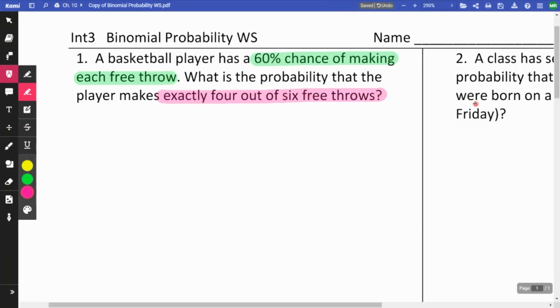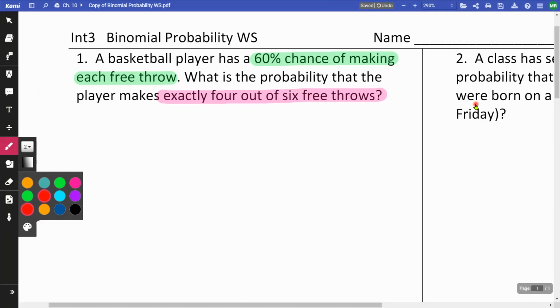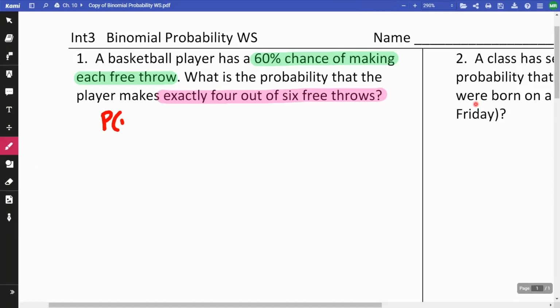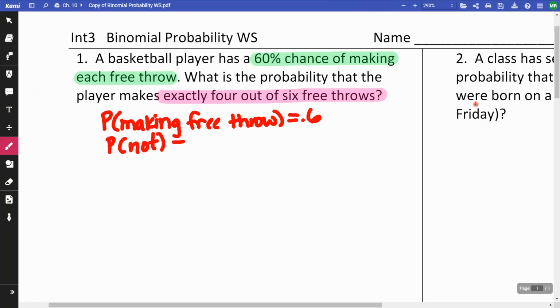So in this problem, the probability of making a free throw is going to be 0.6. The probability of not making the free throw is going to be 0.4.